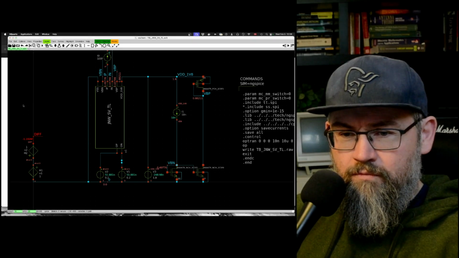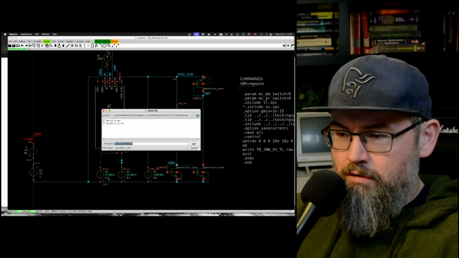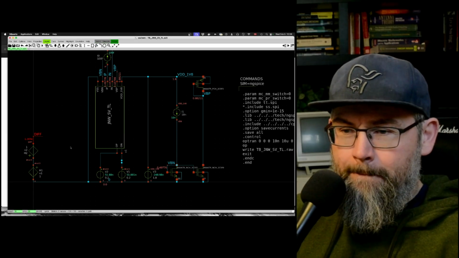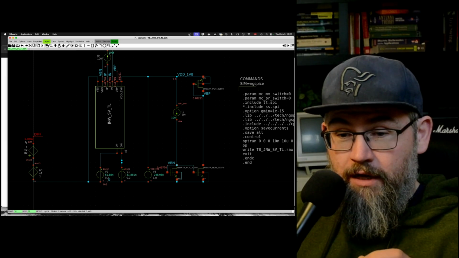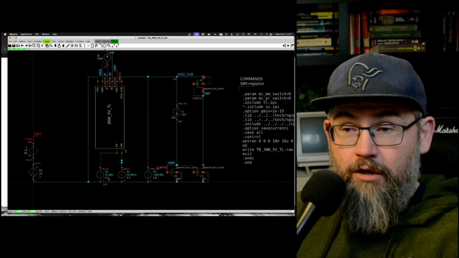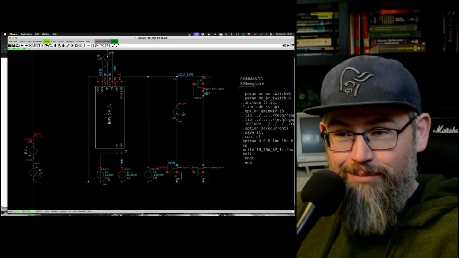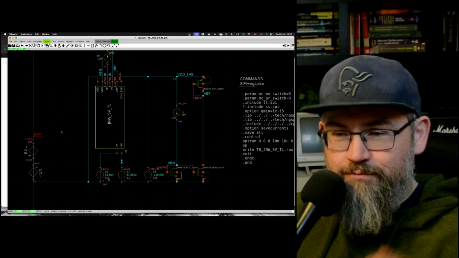And let's load. Okay, so now I put in 100 femtoamps, and I'm getting out 1 picoamp. So that's a factor of about 10, right?